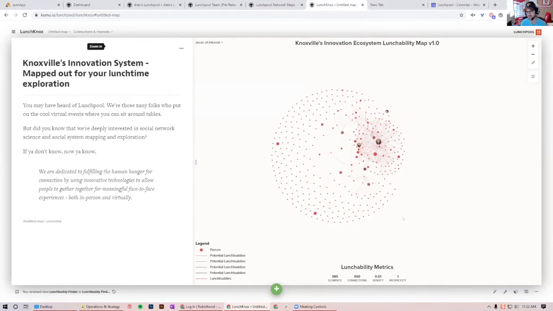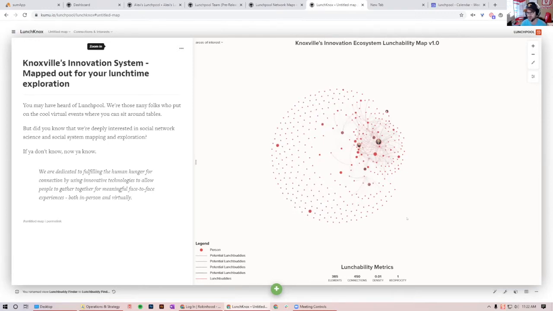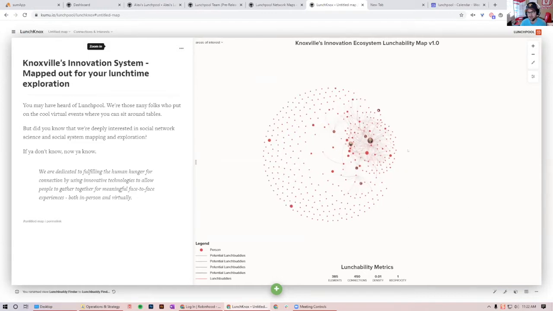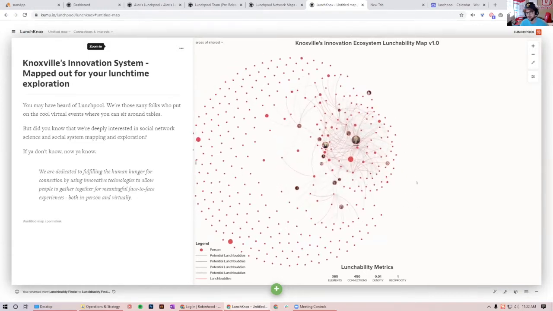If you've seen the different network types, where you have the very fragmented network, and then you have a hub and spoke model, and leading towards the core periphery, where it's just a very leaderful, very tightly packed network where everyone knows everyone, and the resources that everyone has and everyone needs are clearly defined. That's what I wanted to help build in my backyard of Knoxville, Tennessee.